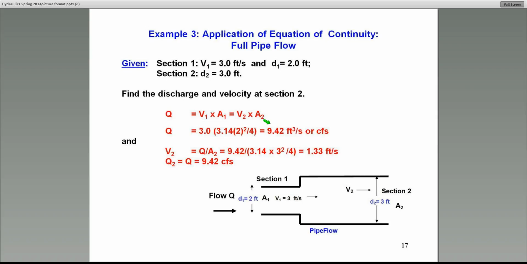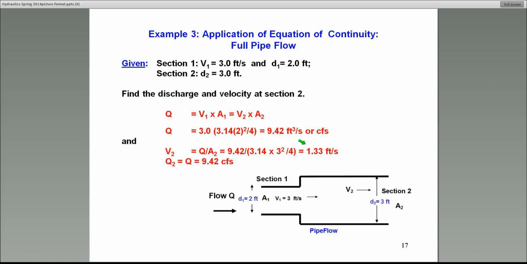Using that discharge, I can then calculate the velocity at section 2. It's obvious in this case that the pipe size is bigger at section 2. From 2 feet in diameter, it's gone to 3 feet in diameter. So we already know what to expect: the velocity is going to go down, which is basically what has happened.